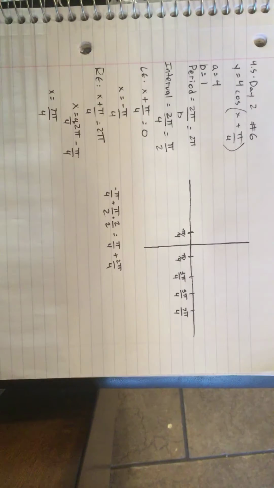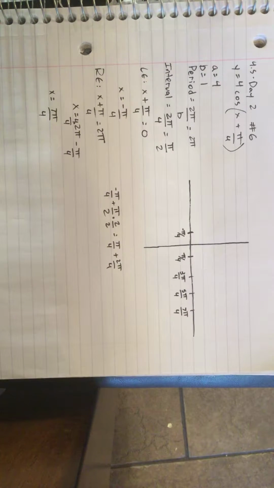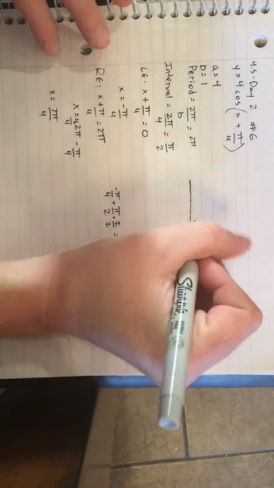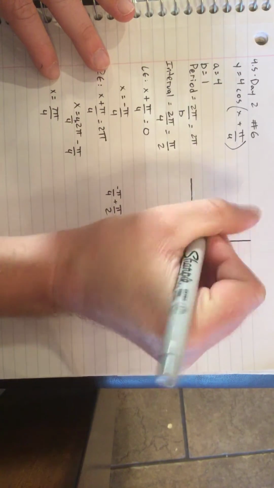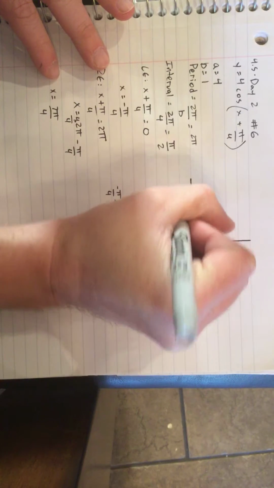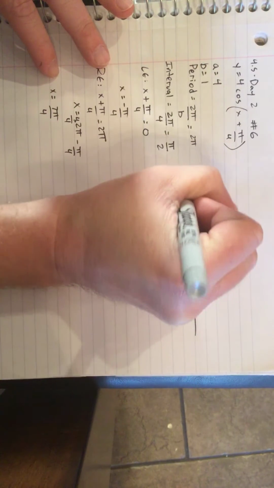Let's see how many you have there. I could go to the right or the left. Let's go left. This is going to be negative 3 pi over 4, negative 5 pi over 4, negative 7 pi over 4.